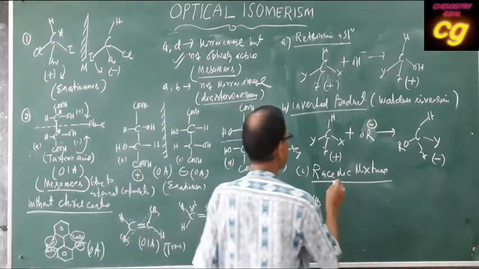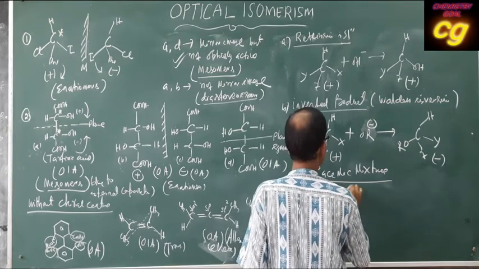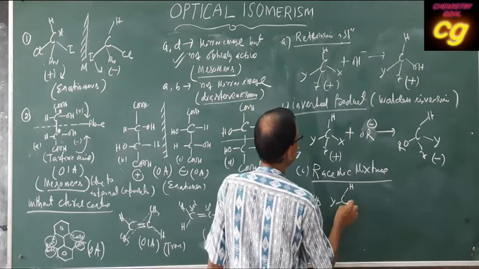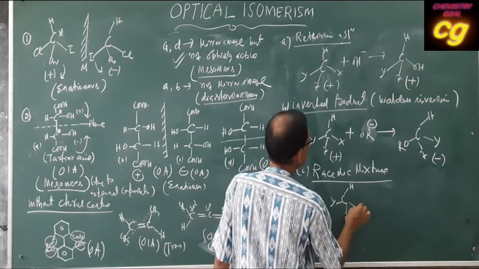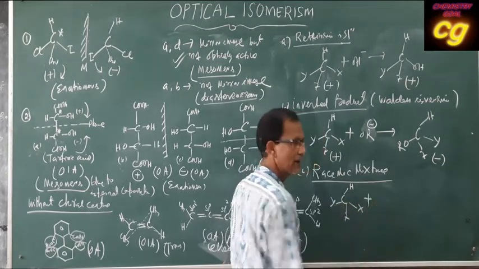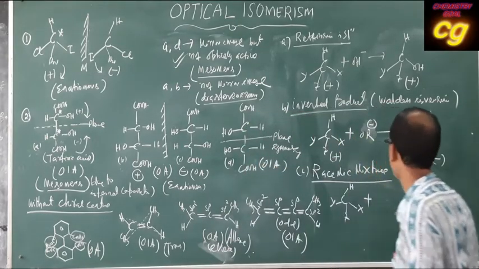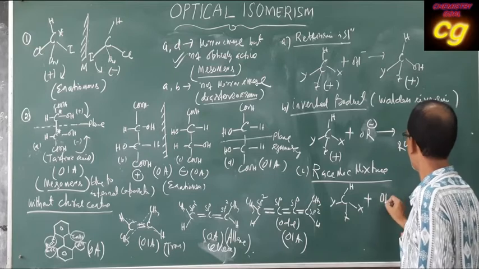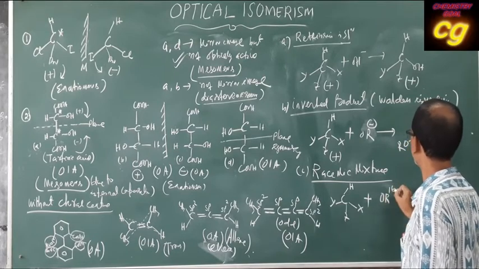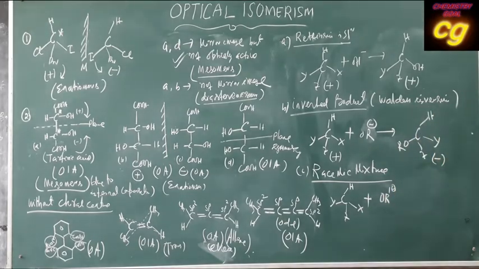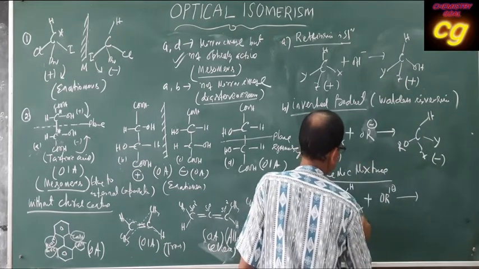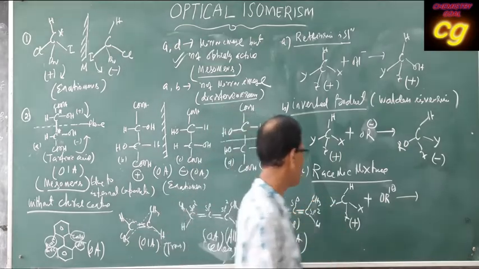Suppose you take C, H, and Y, Z and X, and react with OR dash minus. Let it be the plus isomer.